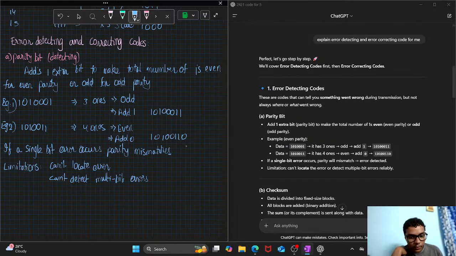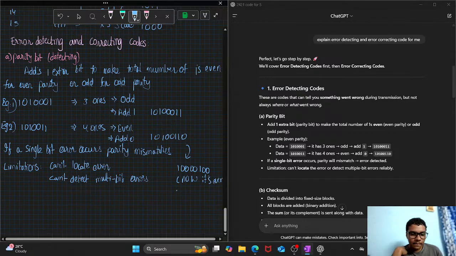Let's say this is the code and the error we received is 100100. Now it's even parity as well. So it cannot detect multi-bit errors.